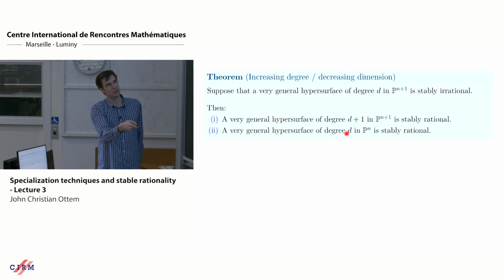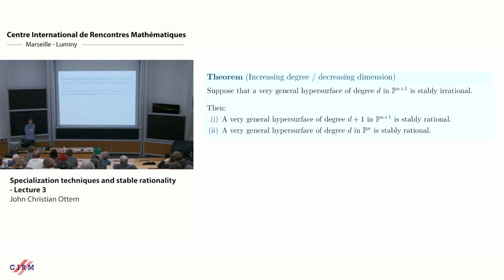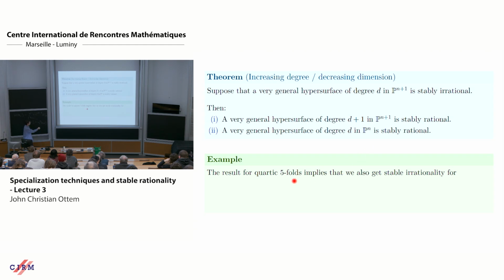I think it should be d plus 1 and n plus 2. Okay, so if you can increase both the dimension and the degree, you get a new result. Okay, anyway, this is what I'm going to explain. For instance, if you have quartic fivefolds, which we do have, we get quintic sixfolds, sextic sevenfolds, and so on. So we can always increase the dimension if you also increase the degree.